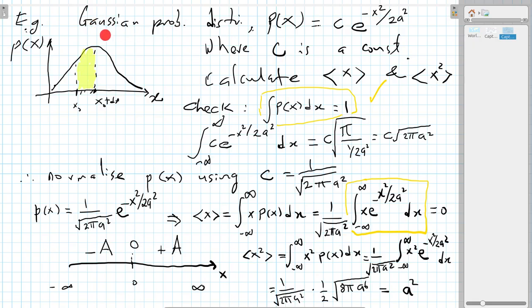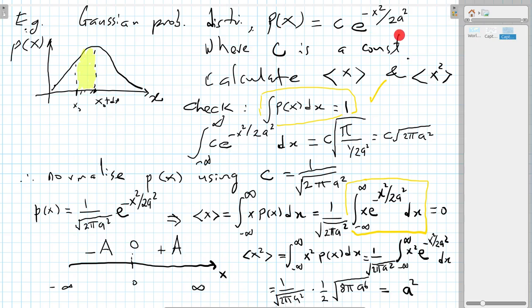It has a special name because it's an important probability distribution. You're going to meet it in so many places doing physics and statistics and probability calculations. Maybe you've done that already. Okay, I think that's it for this example.